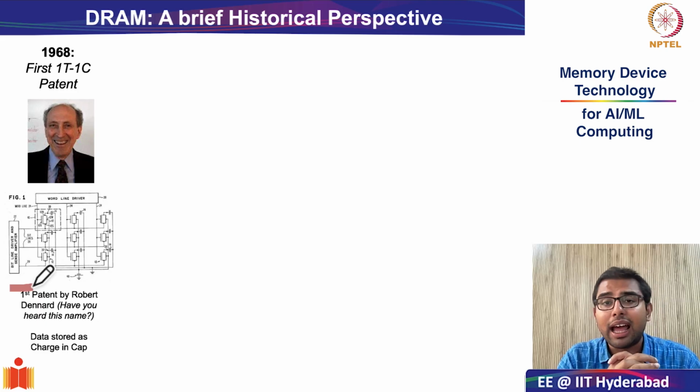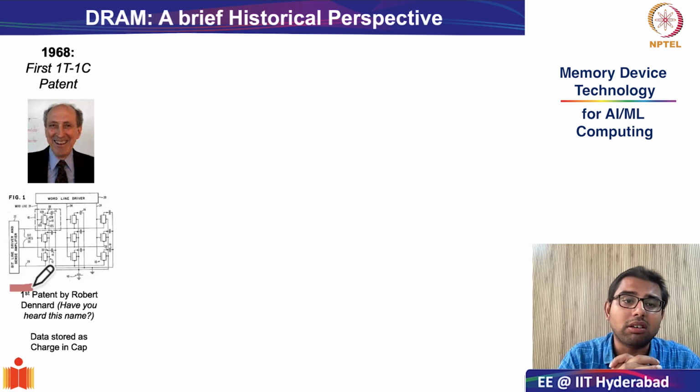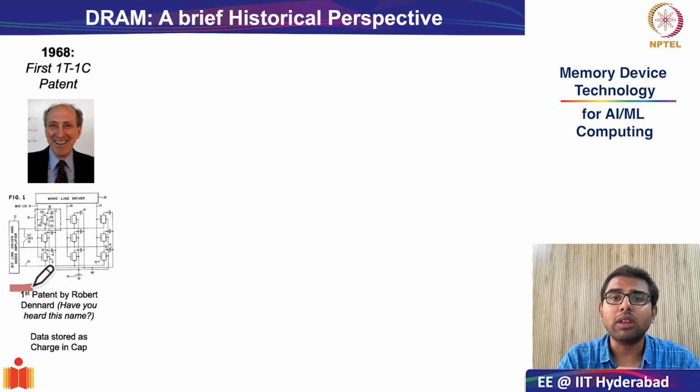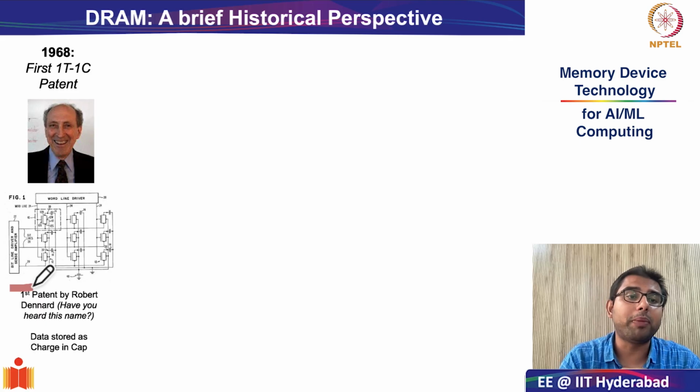So where have you heard the name of Robert Dennard? Robert Dennard was a brilliant scientist at that time working at IBM, and you may have heard his name from Dennard's law of scaling.